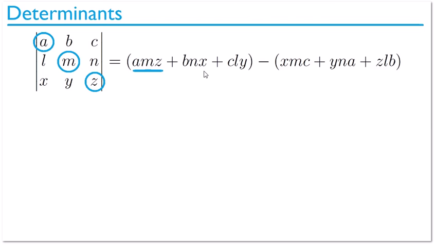For the second term, we move to the diagonal after the main diagonal. So we have b times n, and then we don't have an entry here, so we go to our first column. So in this case, it will be b times n times x. And then go to the next diagonal. After that second one, we have c times l times y.